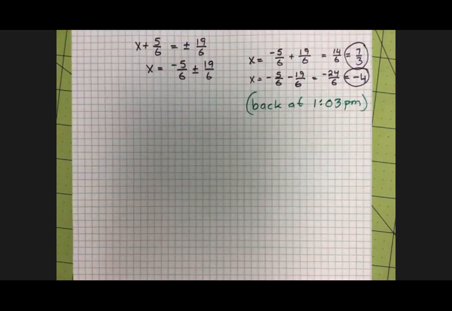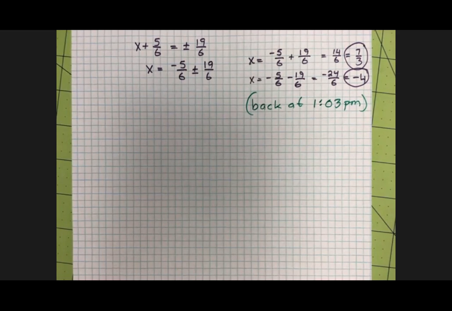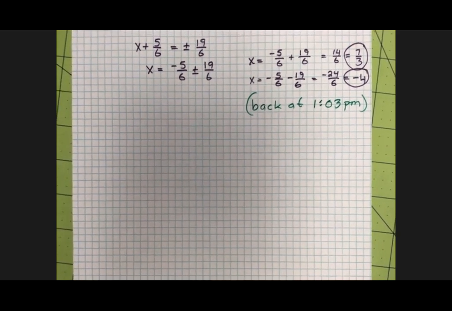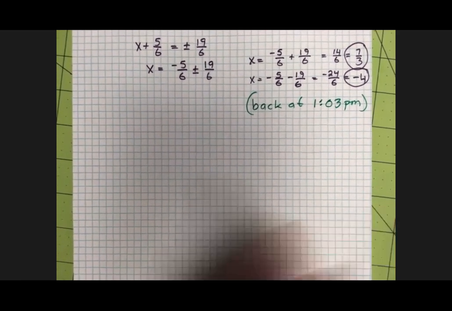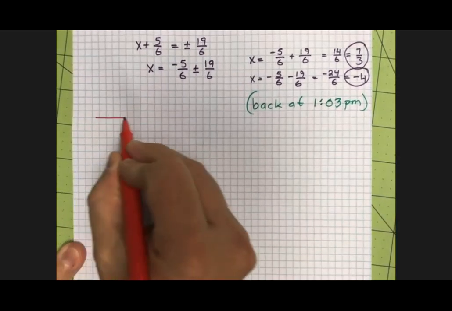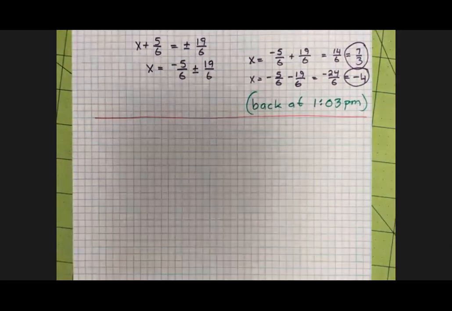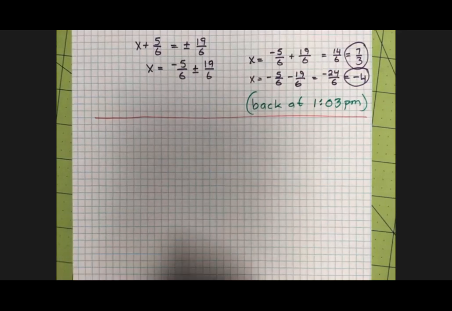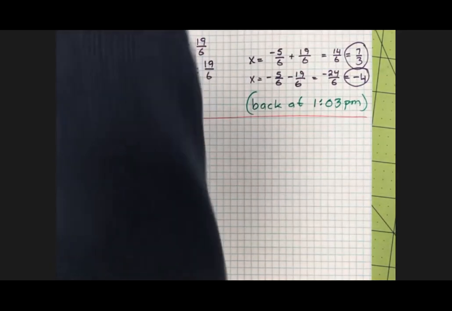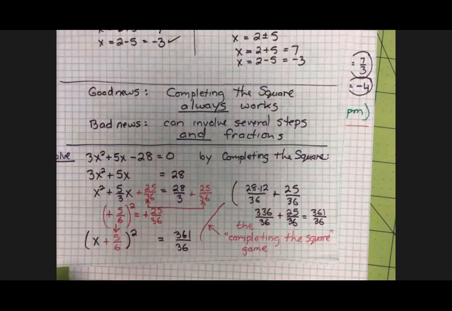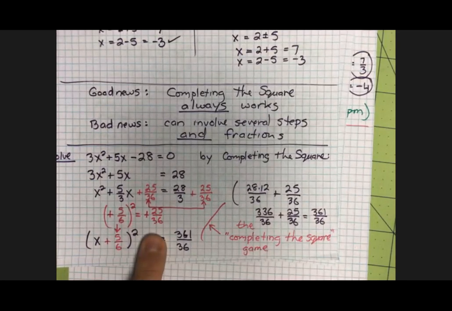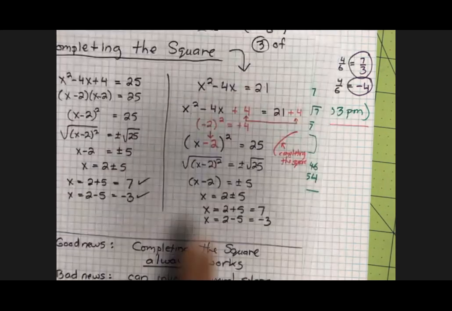So I'm going to pick out one more problem where I complete the square, and I'll make it a messy one that involves complex numbers just so we can practice that. But completing the square is this game that we described here in red. If you follow the steps of this game correctly, then you'll complete the square correctly.